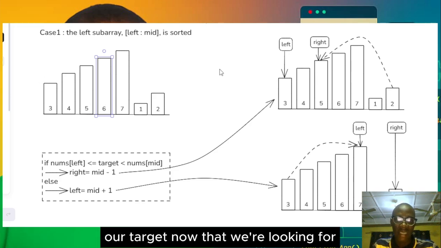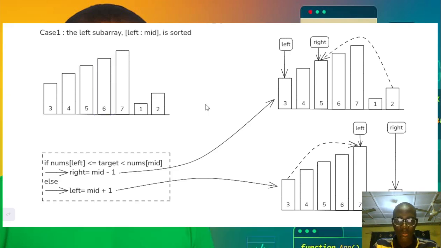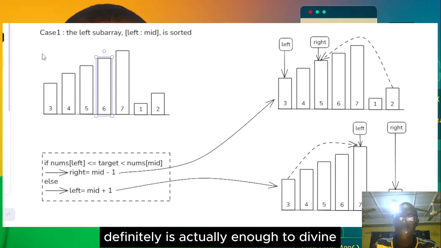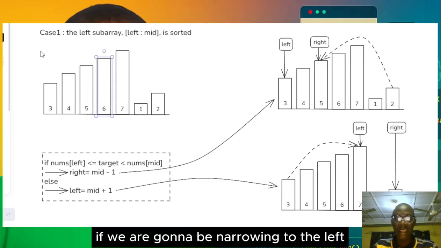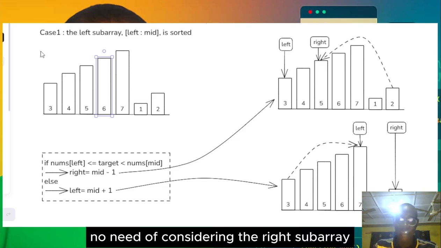Fine. Our target that we are looking for, is it in the left subarray or in the right subarray? Since our left subarray is sorted, it is actually enough to decide if we are going to be narrowing to the left or to the right. No need of considering the right subarray.